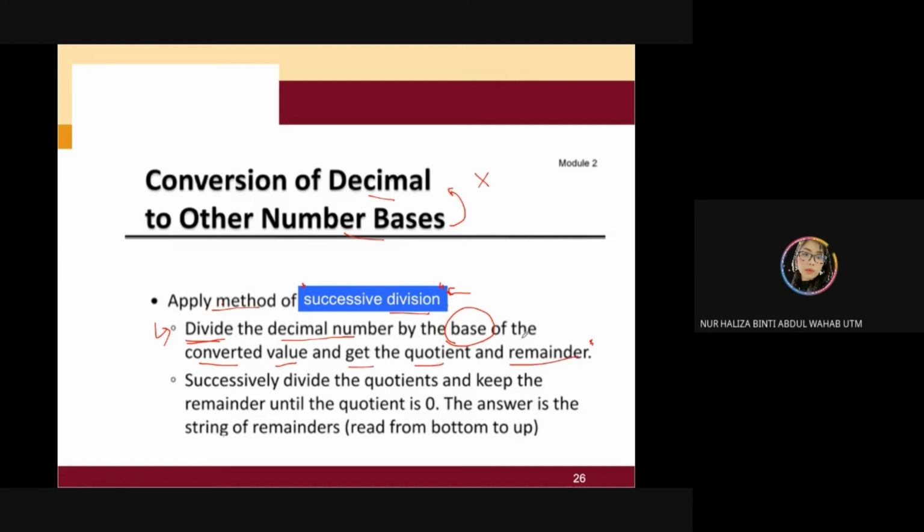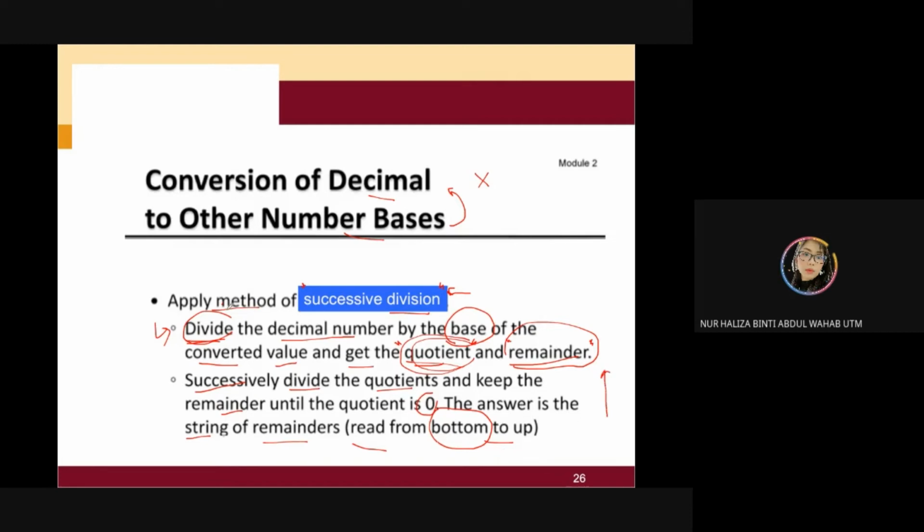You have heard about these terms, quotient and also remainder, which you normally find when you play around with the division. Successive division of the quotient and keep the remainder until the quotient will be 0. The answer is the string of remainders. Read from bottom to up. So there is another hint. You need to read from bottom to up.